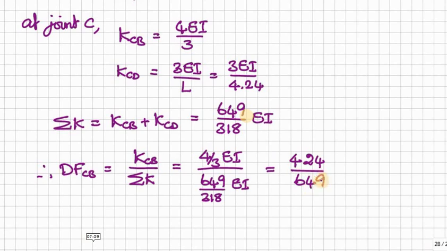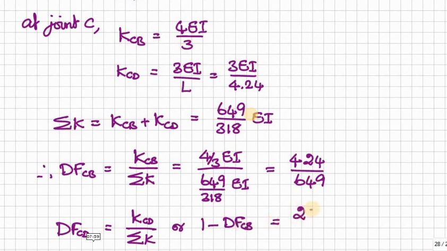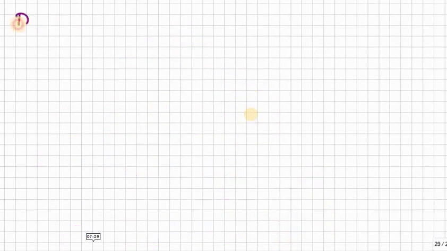Next, distribution factor for CD is equal to KCD divided by sigma K, or 1 minus distribution factor for CB, which is equal to 225 over 649. Now, the next step is distribution table.